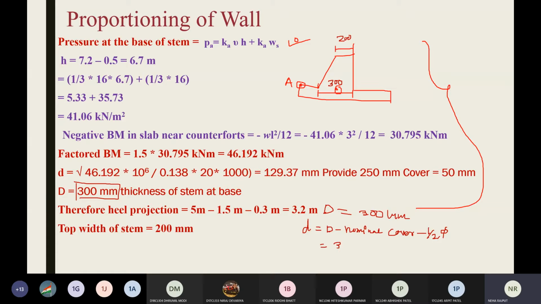So 300, cover I am taking as 50 mm, minus 6, considering 12 mm diameter bar for initial condition. So 300 minus 50 minus 6, so 244. So I am considering my small d as 244 mm. Right.